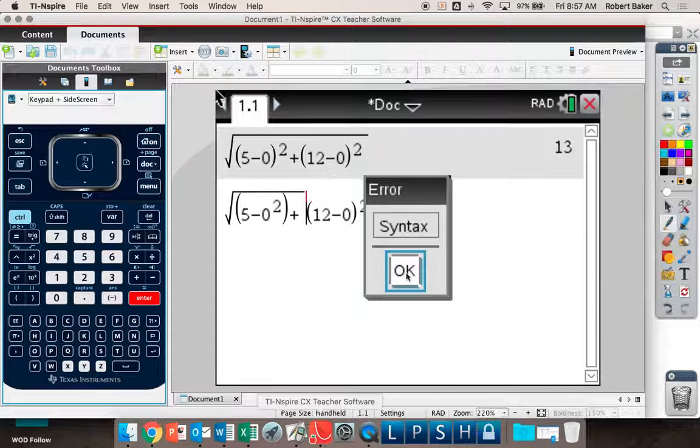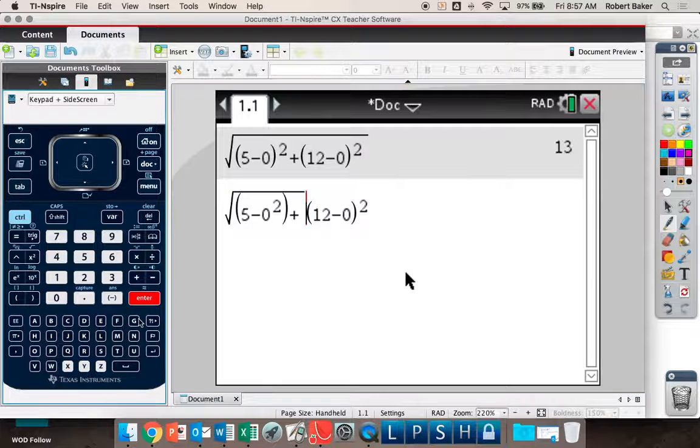So to find the square root, control x squared, parentheses, 1 minus negative 2, close parentheses, squared, plus, open parentheses.